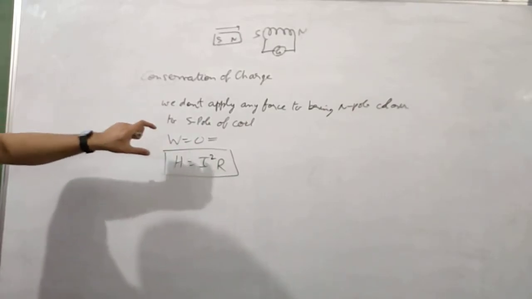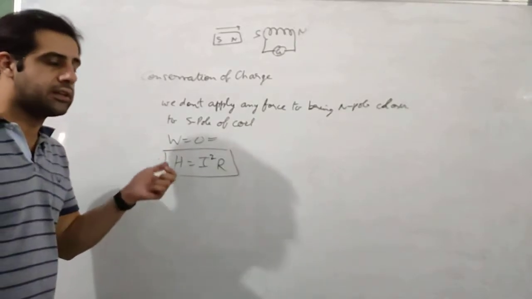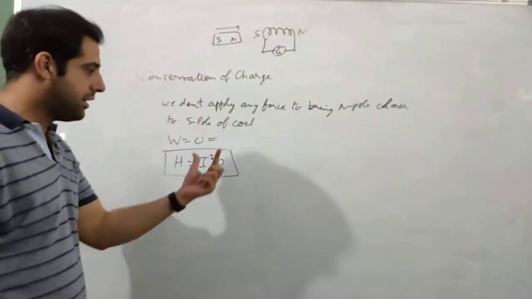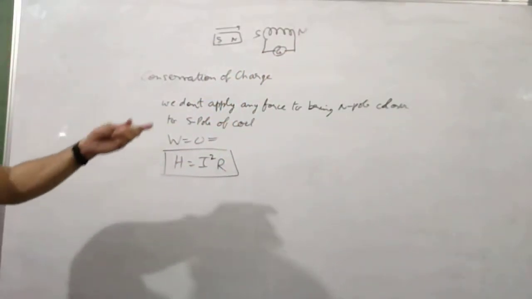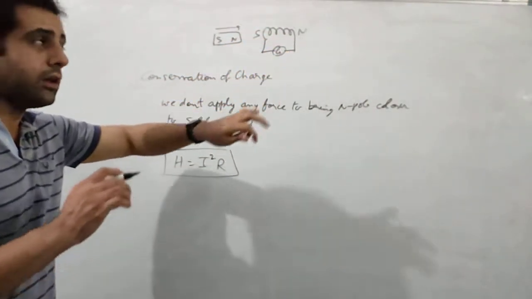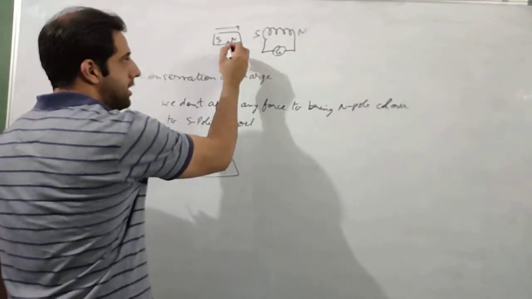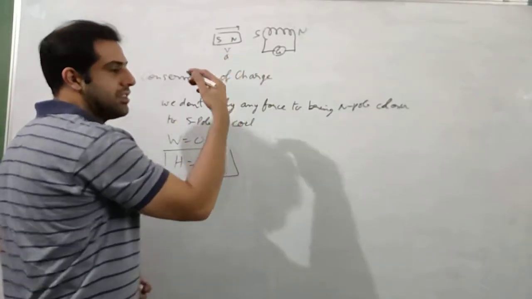These two statements do not make any sense, and they violate the law of conservation of energy. If the work done on the system is zero, then the heat generated by the system should also be zero, because there is nothing else here which is doing any work. Now, if the south pole attracts the magnet, its velocity will increase. If the velocity increases, its acceleration will increase.